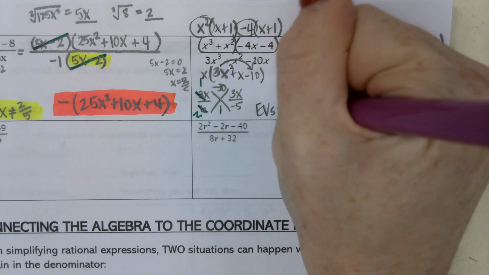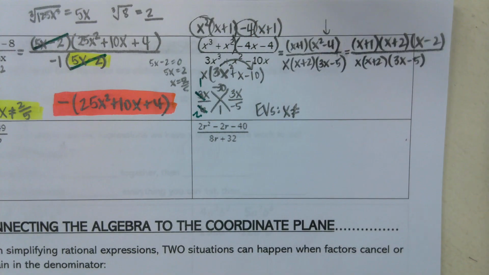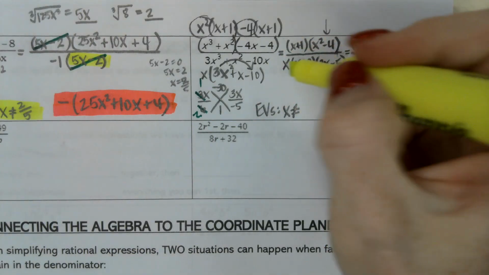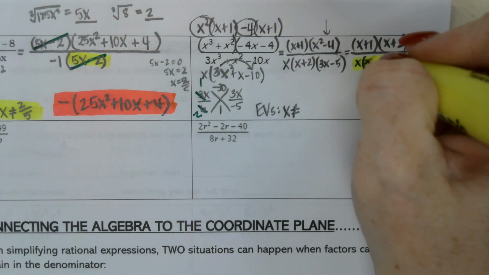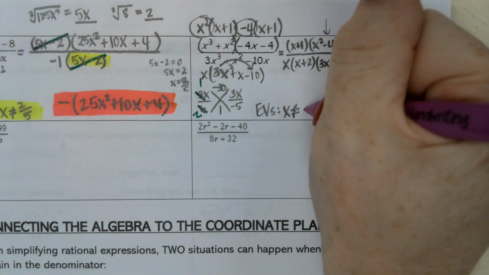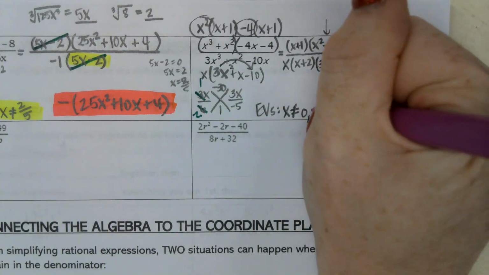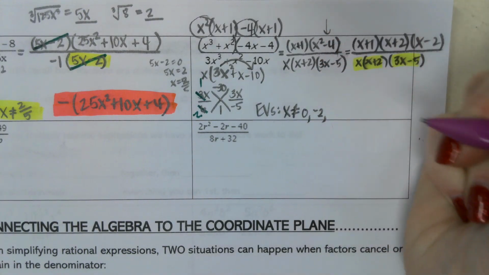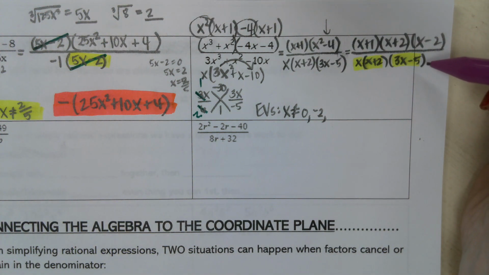How many x's do I have in the denominator right there? 3. So I need to look at each one to find my excluded values. The first two are easy. I got 0 and negative 2. What's this one going to give me? Careful.